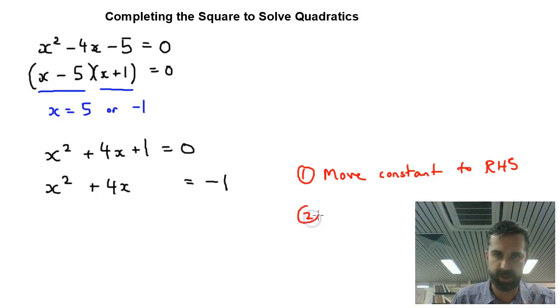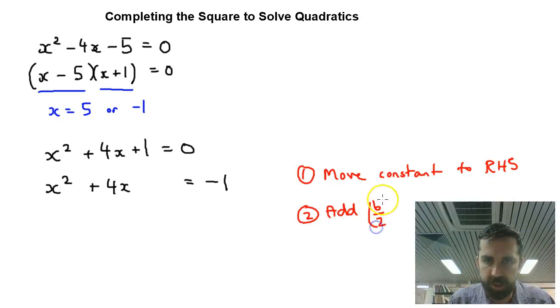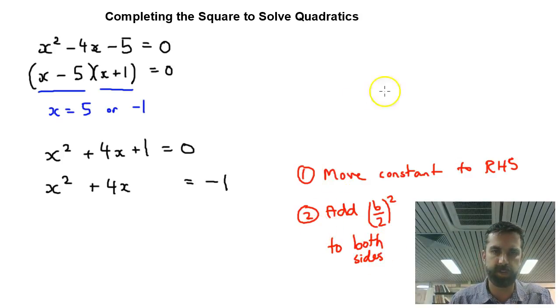The second thing I'm going to do is add (b over 2) squared to both sides. Now, if you remember, if we think about the general form of a quadratic, it looks like ax squared plus bx plus c equals 0.